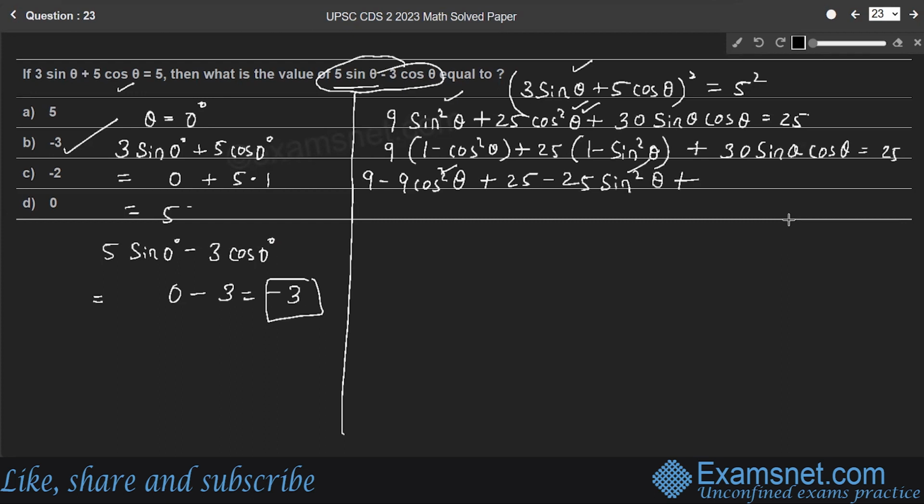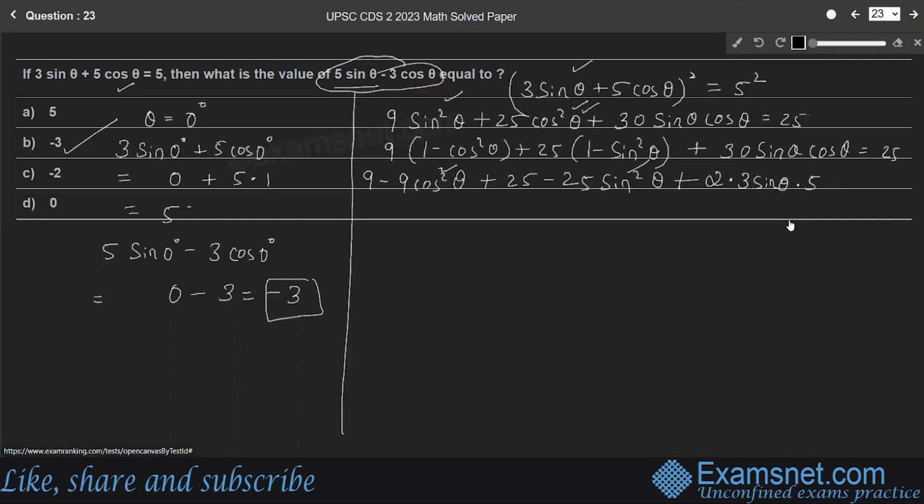Plus I'll take 30 sin theta cos theta again in terms of 2 times 5 sin theta into 3 cos theta, right? I'll take this 25 to the left hand side. It becomes minus 25 is equal to 0, right?